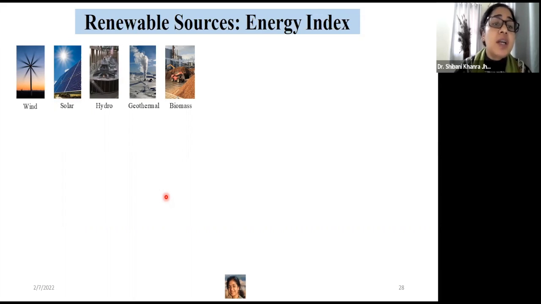At the same time, for solar, we have daytime and seasonal variation, and that will not give us a sustainable source for generating electricity, where in India we are very much dependent on grid-based electricity and we need a sustainable source for that. Similarly for hydro, which is dependent on the source of water, there is the rainy season, and in the dry season or winter season when the water gets frozen, this kind of situation creates a fluctuating source condition.